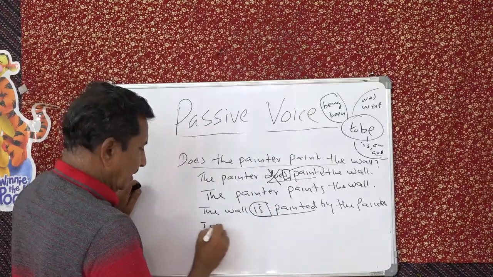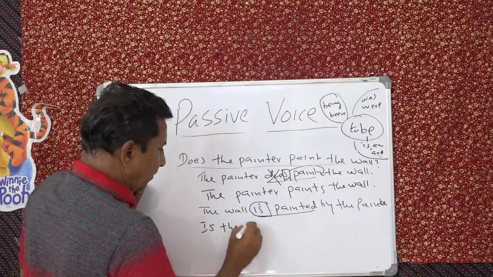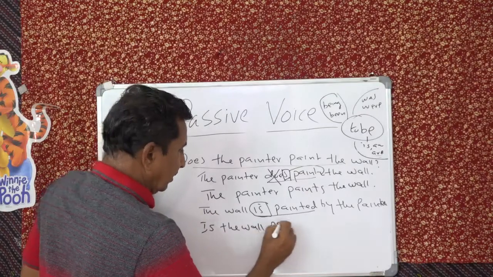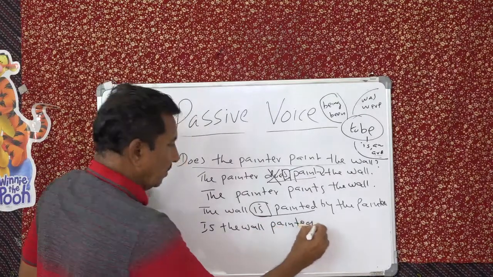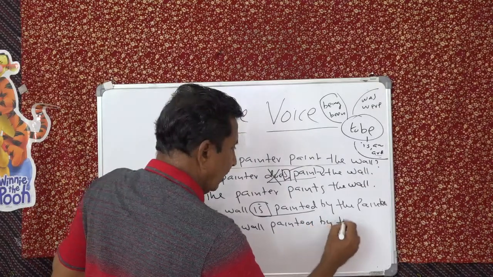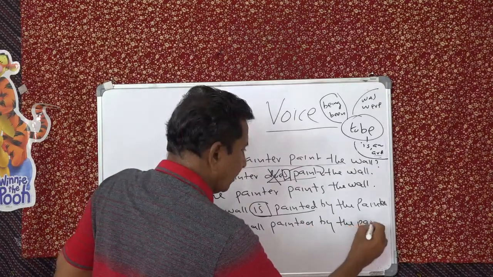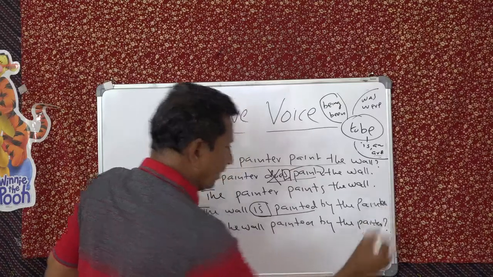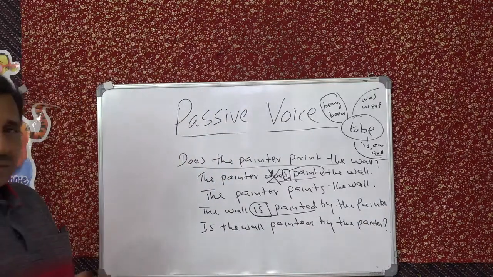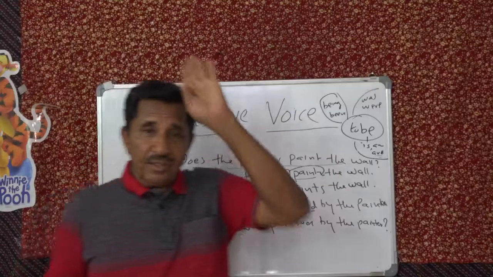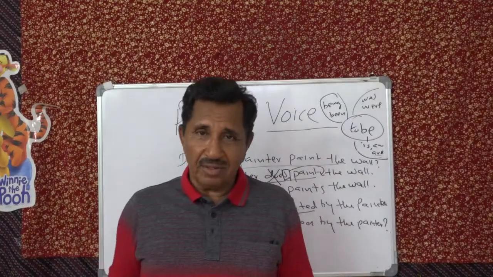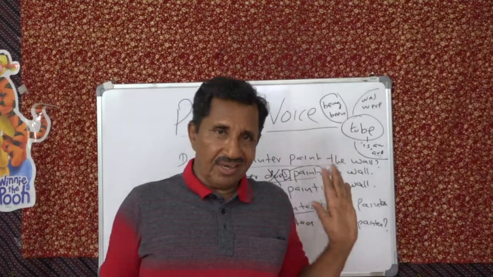Is the wall painted by the painter? Question mark. Don't forget to put the question mark. A question should always end in a question mark. There's no doubt regarding that.